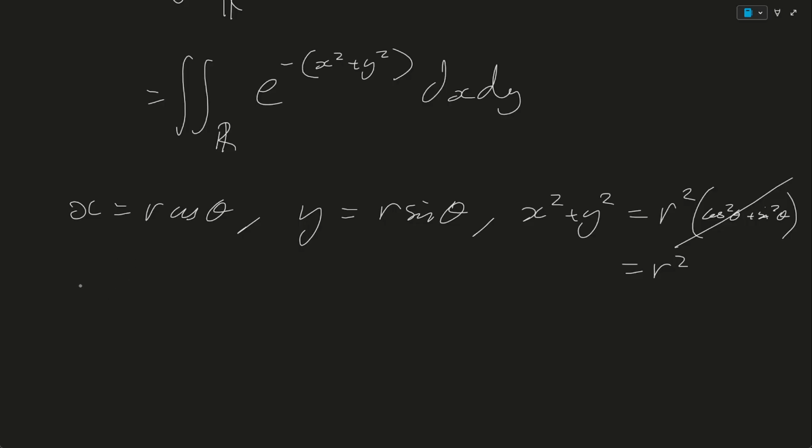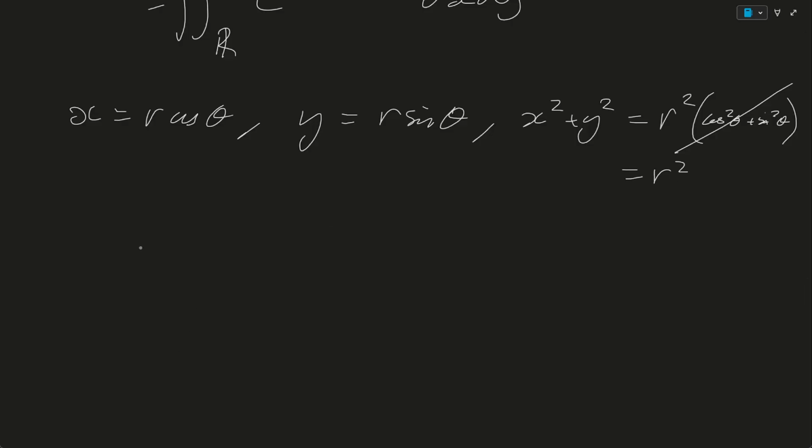Now there's a problem, which is we know that because we're working with a double integral, we need to use our Jacobians. So we're going to do a Jacobian determinant. That being, we have our dx dy.